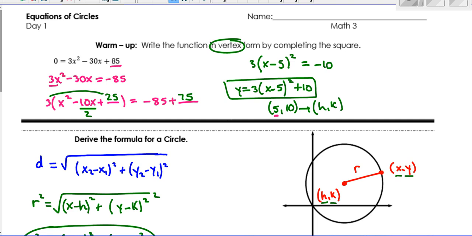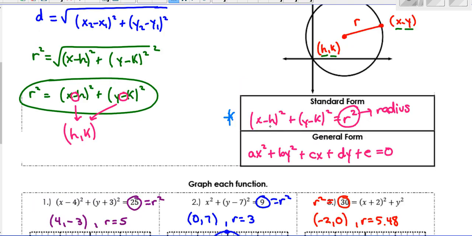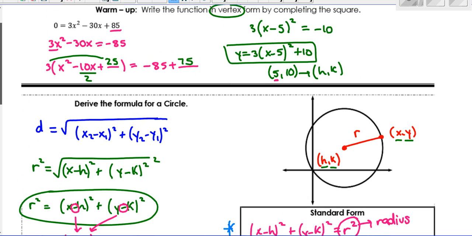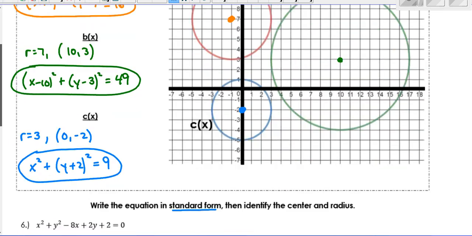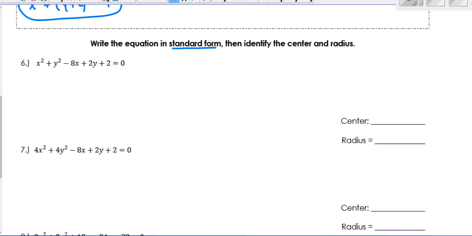Standard form has a quantity being squared, and equal to a constant, which is exactly what completing the square does. You have something being squared equal to a constant. So, as much as you love completing the square, we get to do it twice. Once for x and once for y.